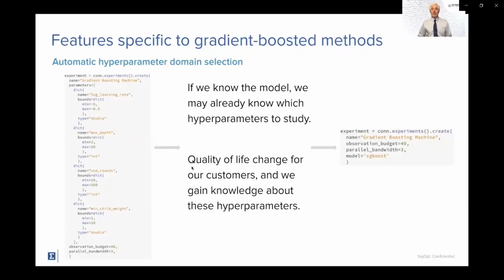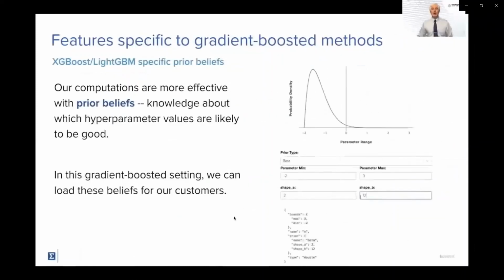If for no other reason, a good quality of life change would be to simply take in the knowledge, the fact that our model is going to be an XGBoost model, and instead make these decisions for the customers.